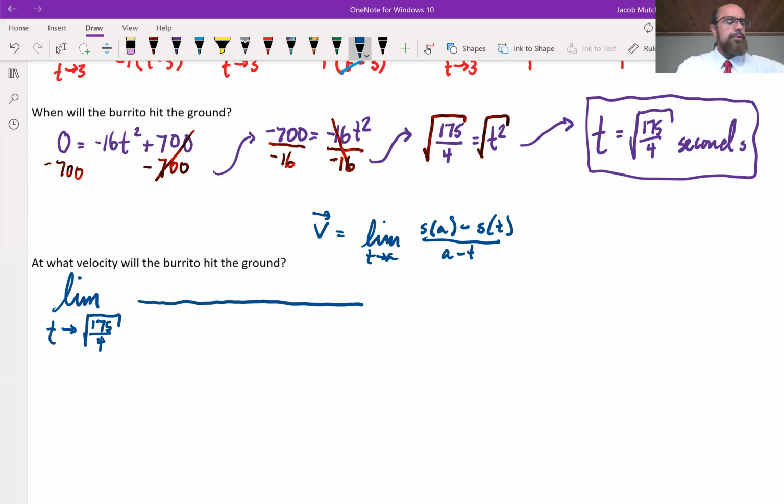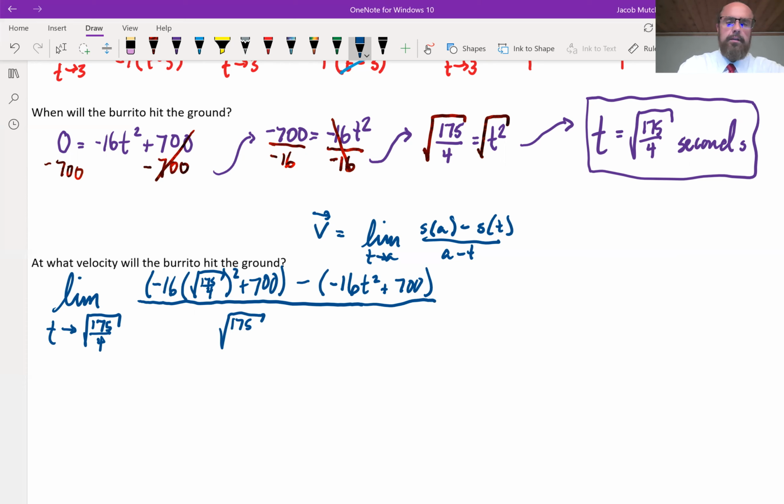We're going to just substitute as we did before. So it's the same position function, negative 16 times, in parentheses, now the square root of 175 over 4 squared, plus 700, minus, and then this is the original function in parentheses, negative 16t squared plus 700, all over the square root of 175 over 4, so that time to hit the ground, minus t.